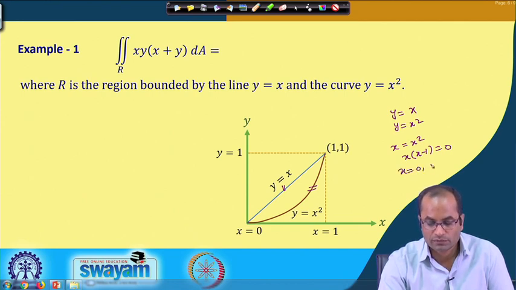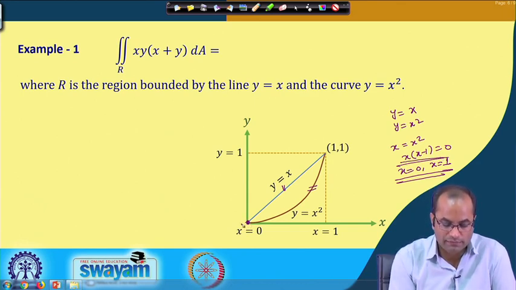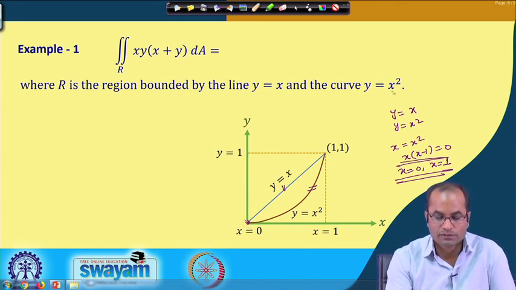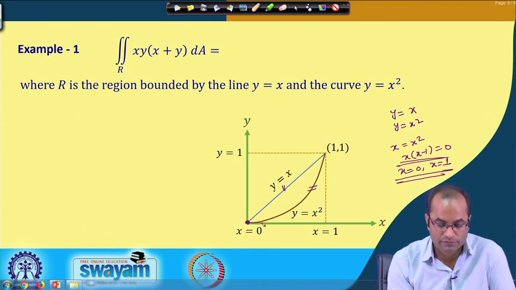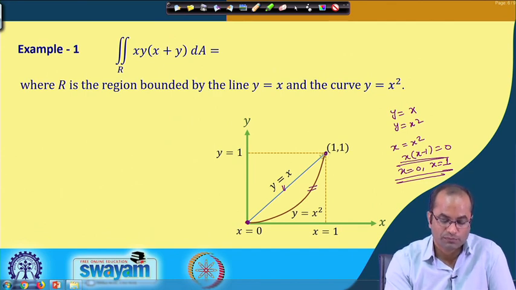So, x is equal to 0 and x is equal to 1; at these 2 points they intersect. At x is equal to 0 we have y also 0, naturally. So, this is the point of intersection, and the other one is when x is equal to 1, so y is also 1. This is the point. This is the area which we call the area of integration.